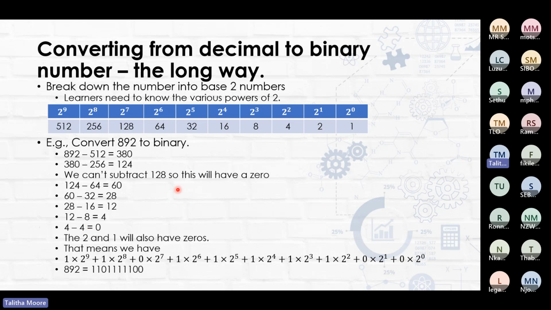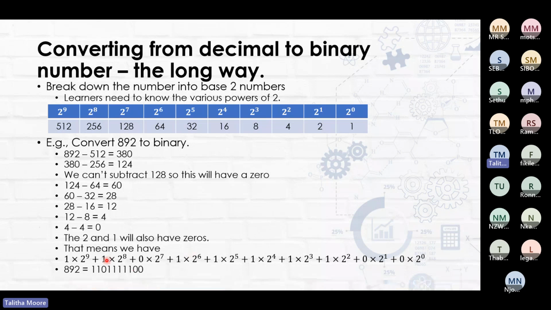So how I write that is, this 512 is a 1 because we could do it. 256 is a 1 because we could do it. 128, or 2 to the 7, is a 0 because we couldn't do it. 64 is a 1. 32 is a 1. 16 is a 1, 8 is a 1, 4 is a 1, and then 2 and 1 are 0 and 0.